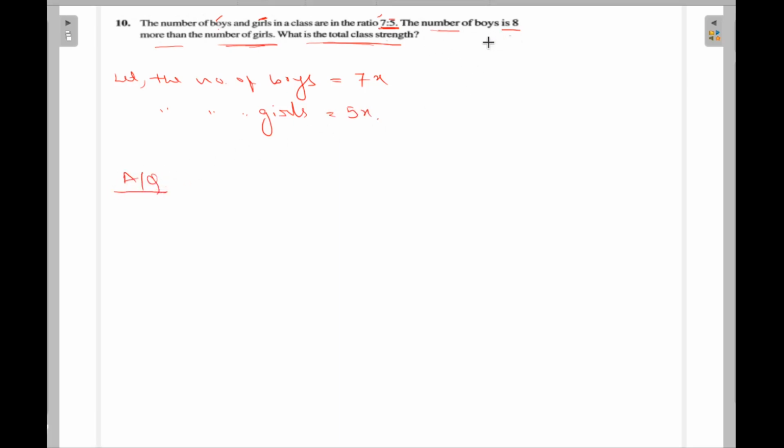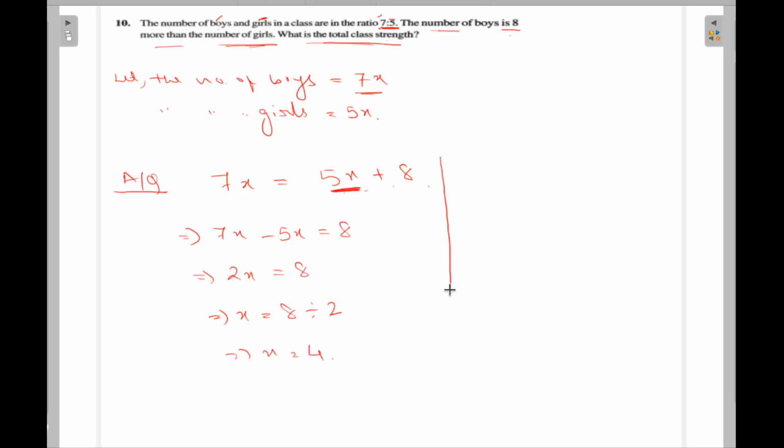The number of boys is 8 more than the number of girls, that means 5x plus 8. So 7x equals 5x plus 8. Taking 5x to the other side, it becomes 7x minus 5x equals 8. So 2x equals 8, or x equals 8 divided by 2. So x equals 4.